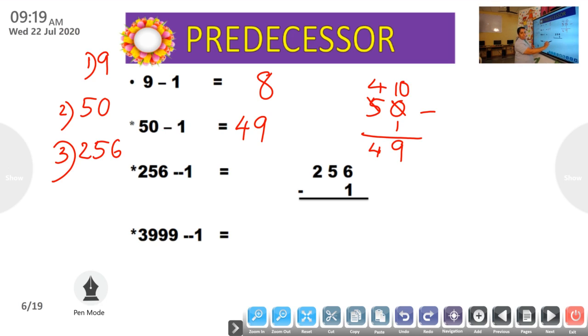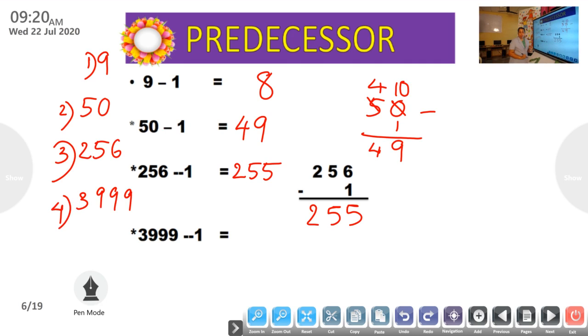You have to do minus 1 from the 256. So 6 minus 1, 6 in your mind, 1 in your hand. So 5. Bring down the 5, bring down the 2. So 255. Clear?